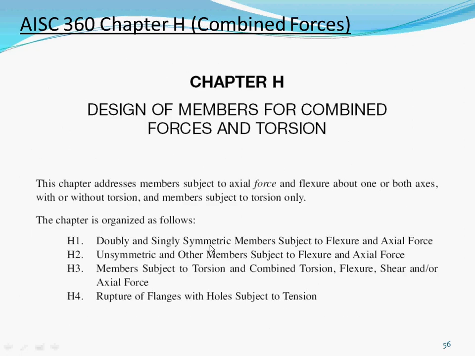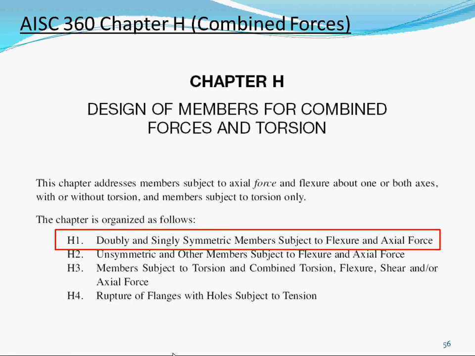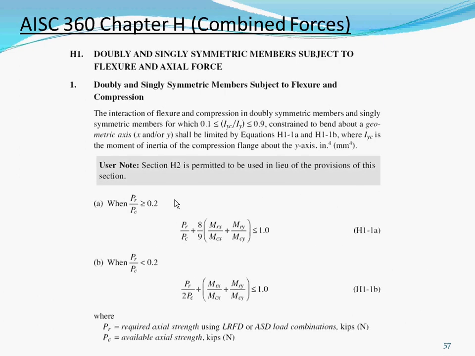Okay, that's shear. Combined forces and torsion, H1 is for doubly and singly symmetric shapes, and that's what we probably concentrate on. So this is when you have both moment and axial.